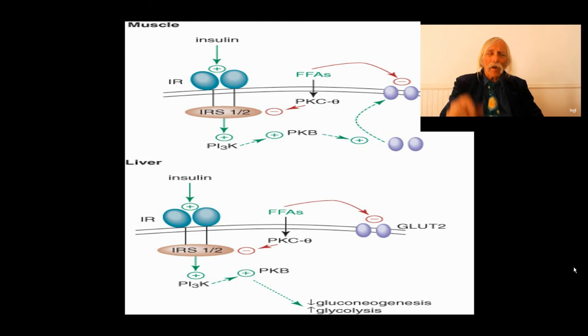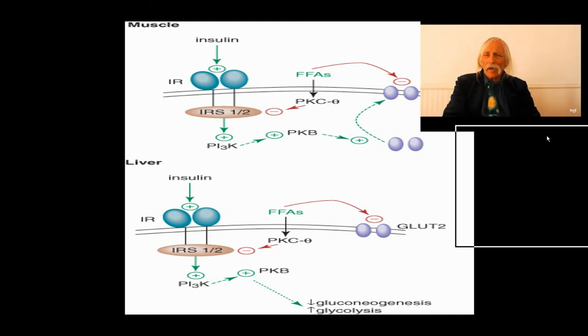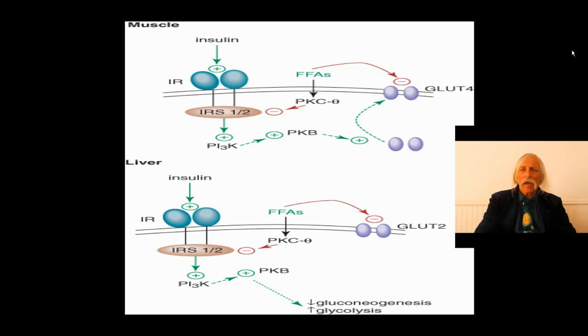So here's a diagram, which I want to spend a few minutes on. Again, we covered this in the audio lecture last night, but I want to make sure you see it. In the muscle, insulin binds to its receptor and triggers IRS1 and 2.